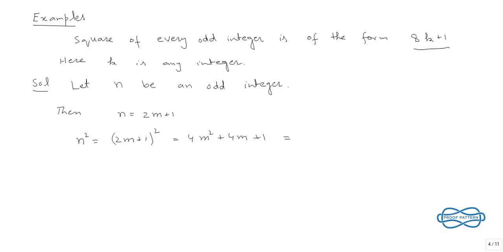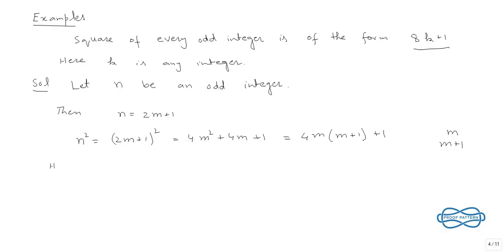And if we take 4m as common from the first two terms, we will get 4m into m plus 1 plus 1. Okay, m is an integer, and then m plus 1 will be the consecutive next integer, and we know that the product of any two consecutive integers is even.